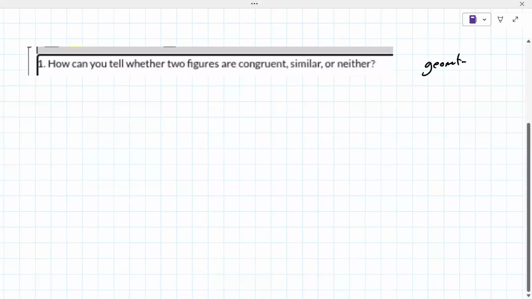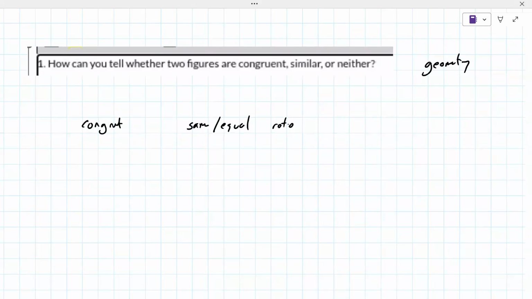I don't know how much geometry you've been studying, but things are congruent, and you're gonna have to tell me if you've seen this before, if they have the same or equal ratio for all sides. Okay, and that's the first condition.